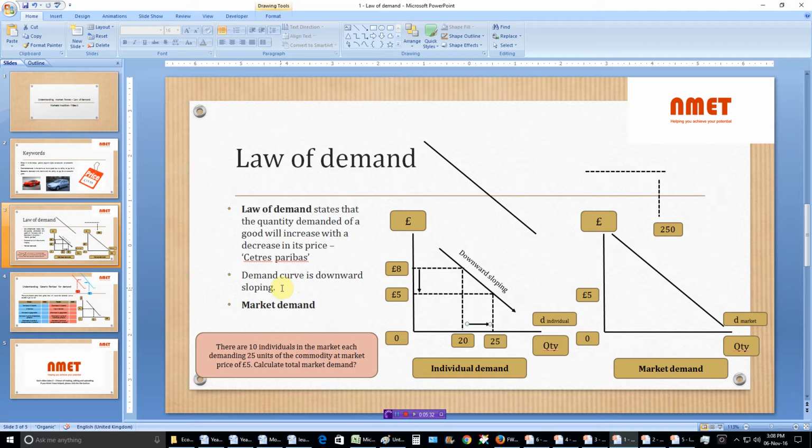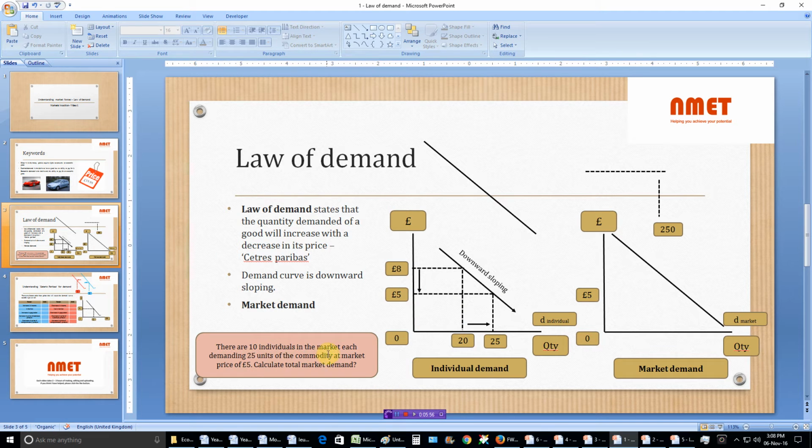Another thing we need to understand is market demand. Market demand is the addition of all the economic demand in the market. Let's say this is the individual demand of an individual, which is 25 units at £5, and let's say there are lots of individuals. I've got a question over here.